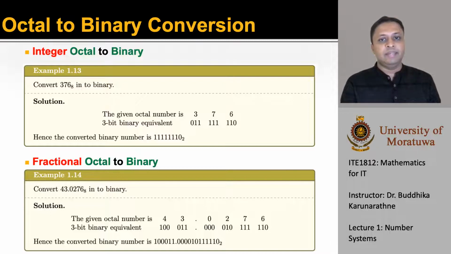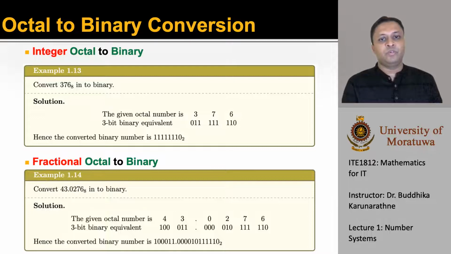We represent each digit by its 3-bit binary equivalent. So we write down number 6 in binary form as 110. Remember, this should be a 3-bit representation when you go from octal to binary. And 7 you can write as 111, and 3 you can write as 011.